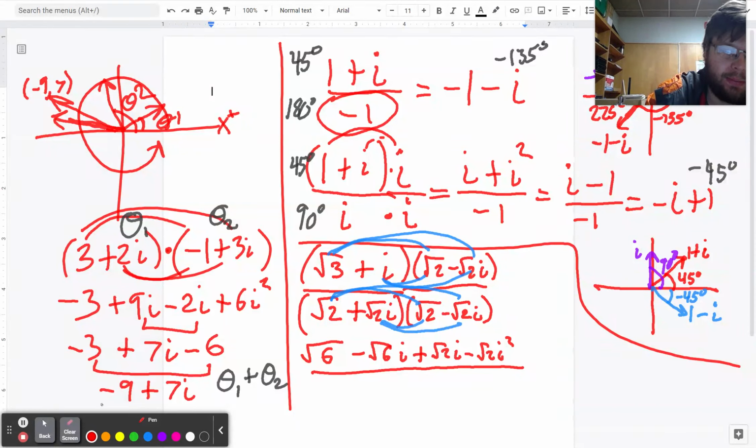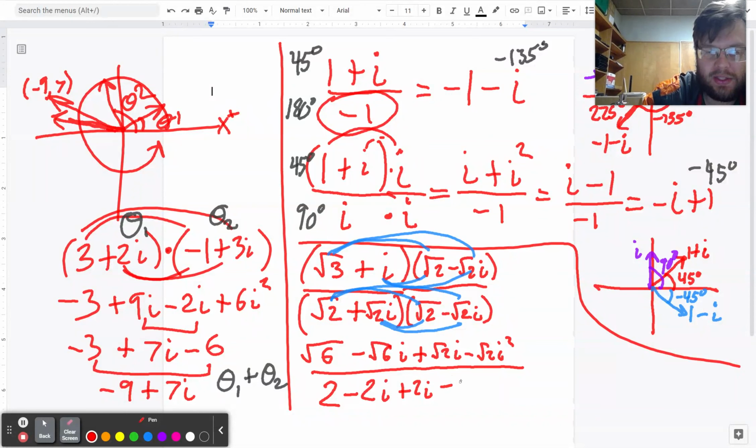A square root times a square root will cancel out. So square root of 2 times square root of 2 is 2. Square root of 2 times negative square root of 2i is negative 2i. Square root of 2i times square root of 2 is positive 2i. Square root of 2i times negative square root of 2i is negative 2i squared.